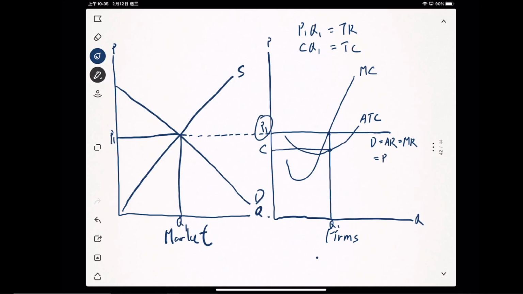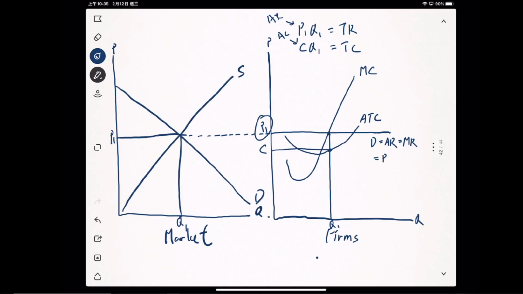P1 is the average revenue, and C is the average cost at the output of Q1. So when you multiply by Q1, you get the total revenue and total cost.